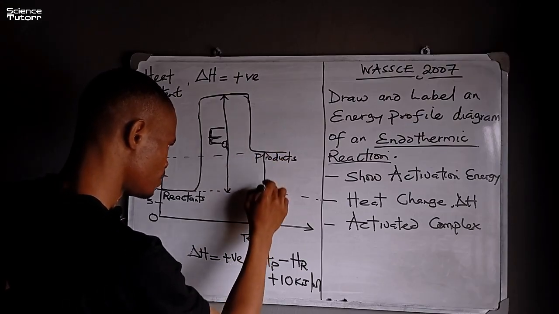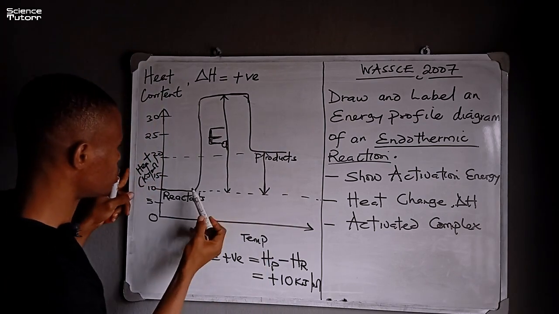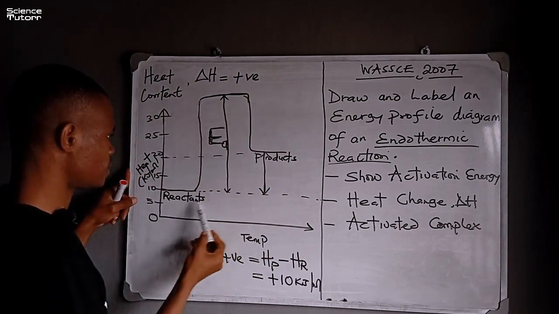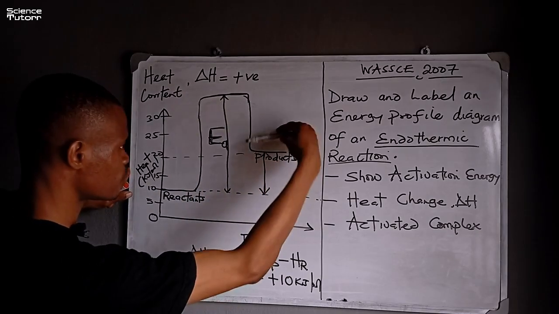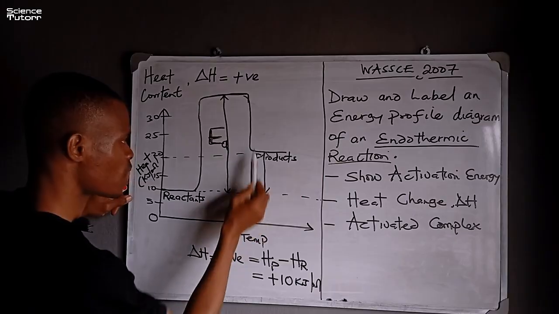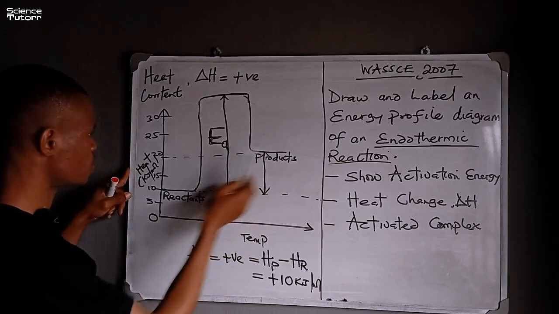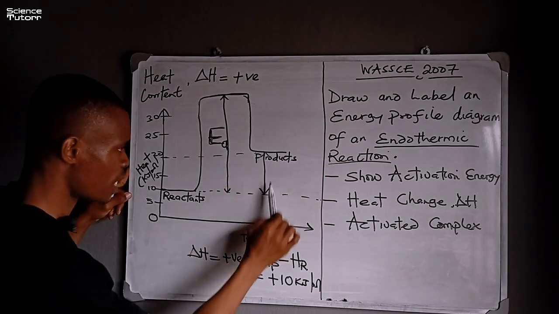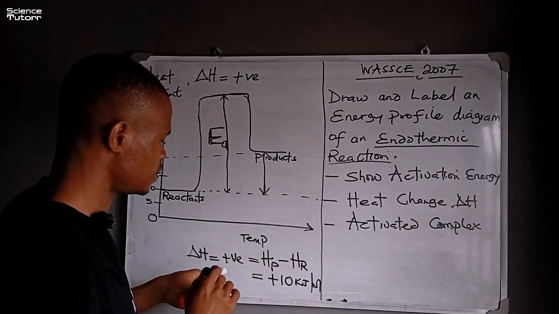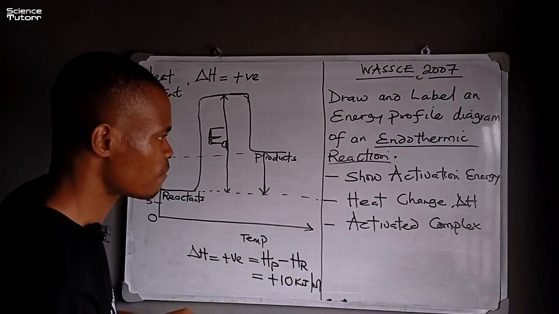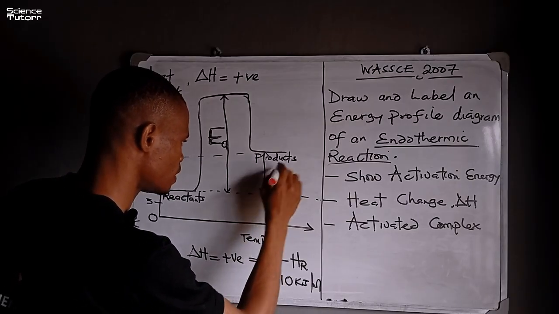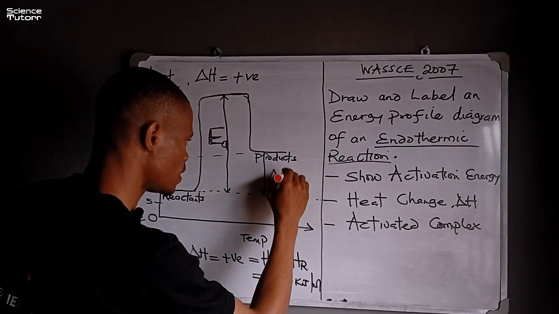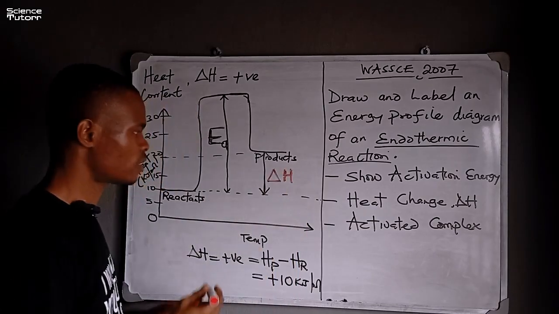This is the difference between reactant and product. You can see reactant from here to here, product from here to here. So this is what we have left when we took the difference, 20 minus 10. So in essence, this simply signifies our heat change, which is our delta H. So delta H has been specified here.